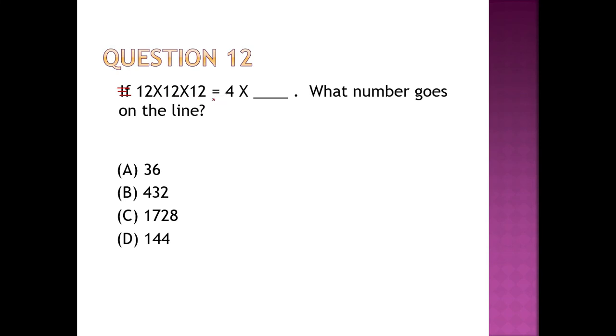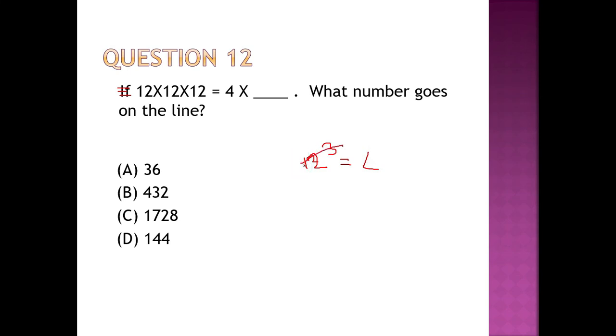So we have 12 times 12 times 12 over this side. What is that equal to? That is equal to 4 times something. Okay, you know what? Let me not confuse you guys with this.